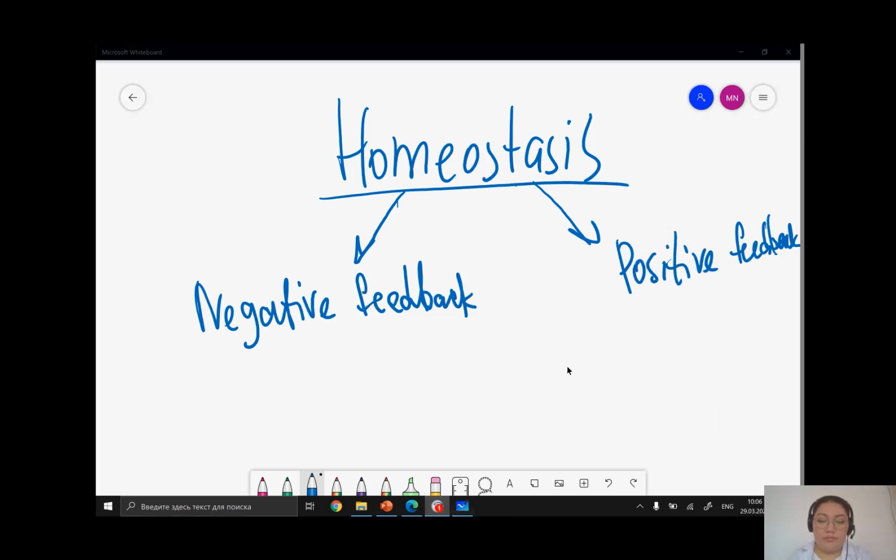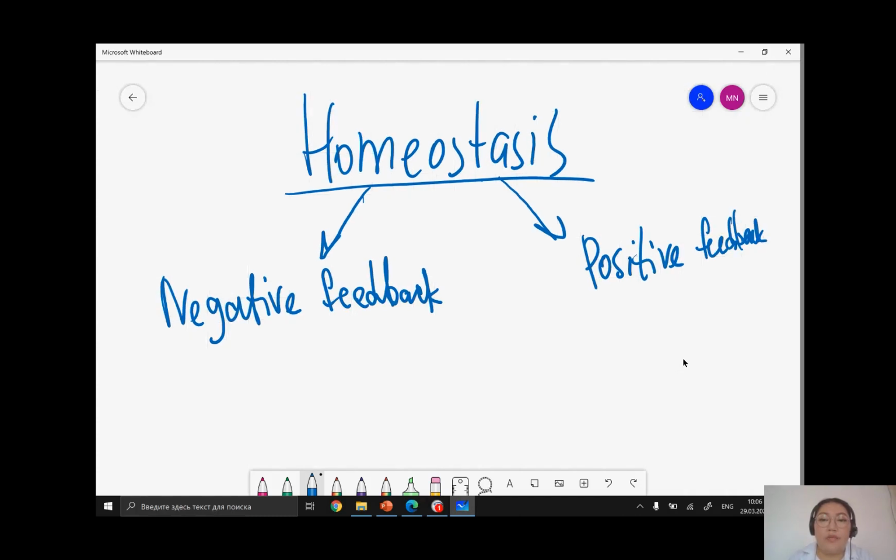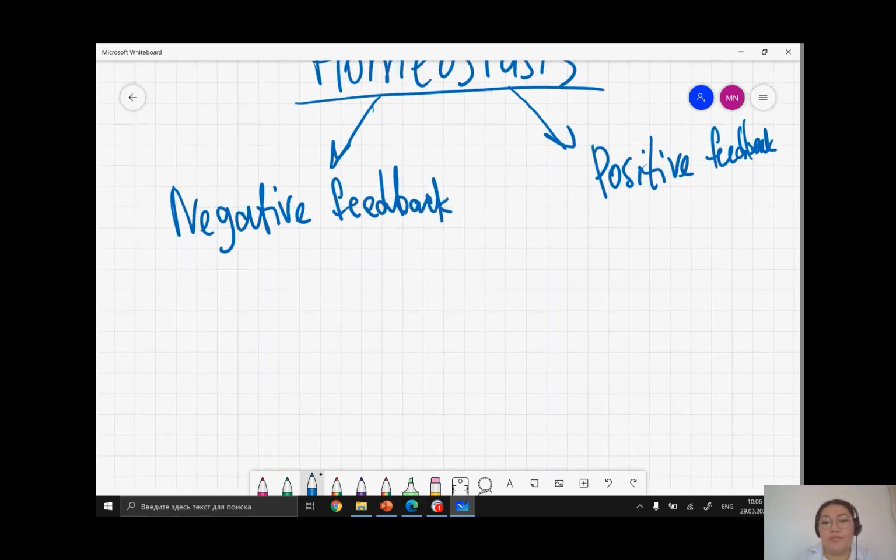Each feedback has differences, of course, and particular situations where we can find them. But they have certain steps in feedback loops.